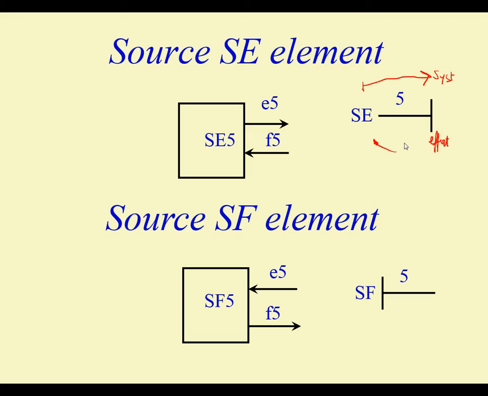This is the flow output, flow input, effort output. This is the opposite. This is like your velocity source. The other one was like a force or voltage.